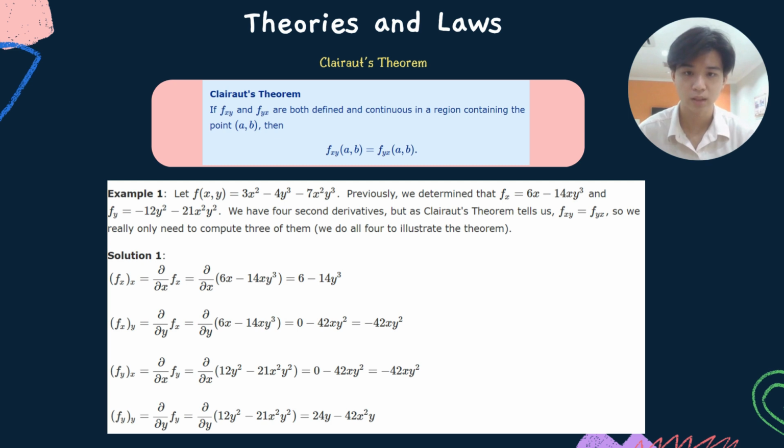We have four second derivatives, but as Clairaut's theorem tells us about fxy and fyx, we really only need to compute three of them. Solution 1 shows you all four to illustrate the theorem, but you focus on fxy and fyx. Actually, the answer is the same: negative 42xy squared. So Clairaut's theorem is proven.